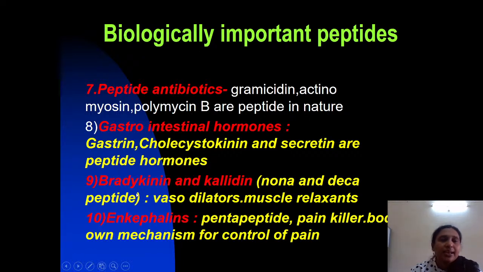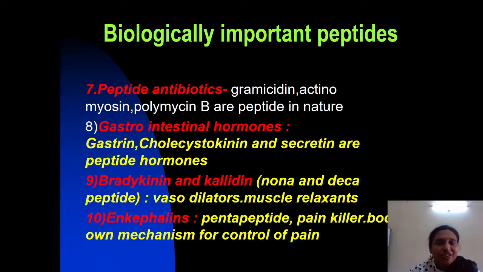The next biologically important peptides are bradykinin and kallidin. Please note down, this is an important question. What we are discussing is biologically important peptides, with their importance and biological function. Bradykinin is a nonapeptide made up of 9 amino acids, and kallidin is a decapeptide.